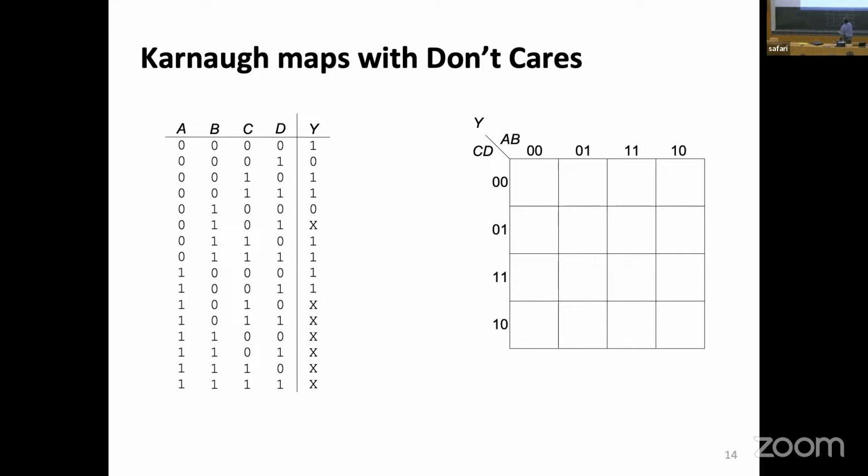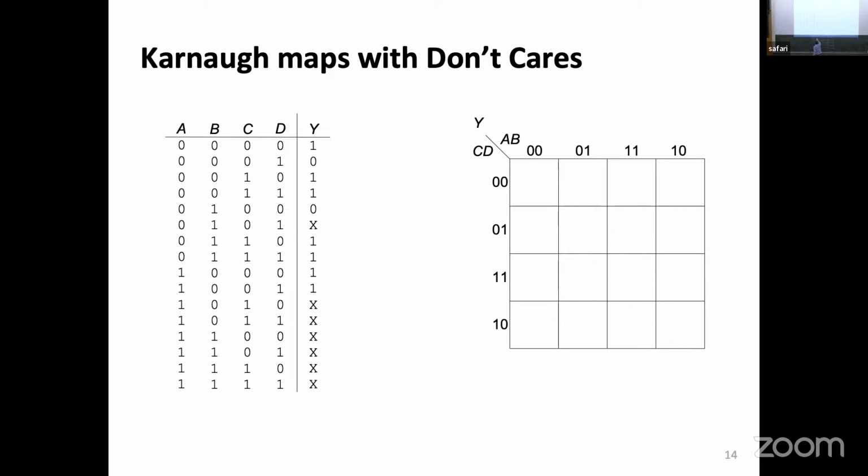Now, the first column, AB equals 00, is going to be these guys right here. So it's actually 1, 0, 1, 1. However, you have to be careful because this one is the fourth line, and this one is the third line.